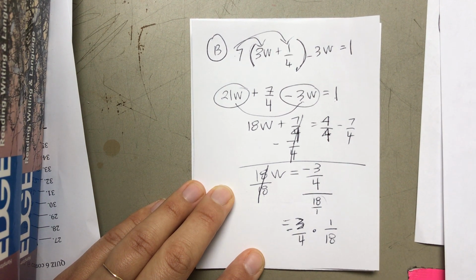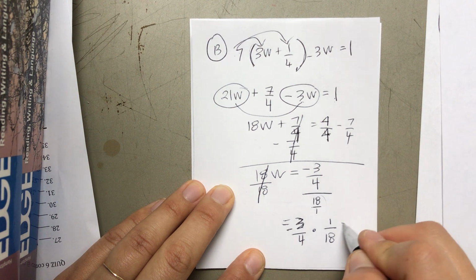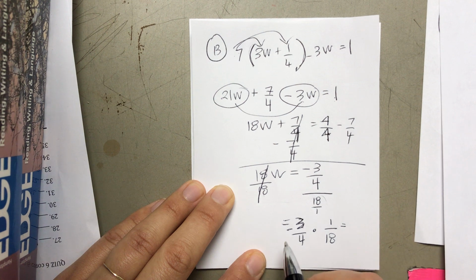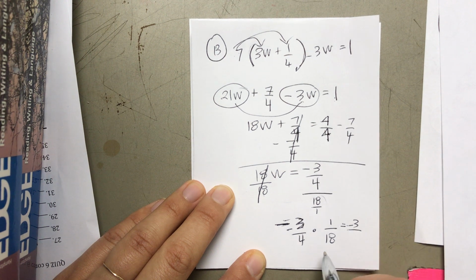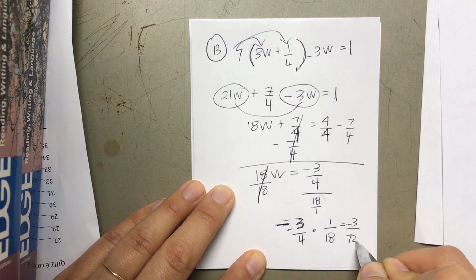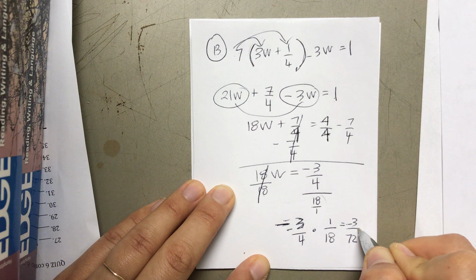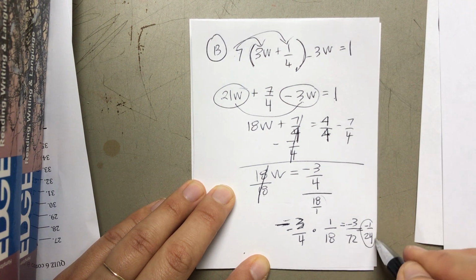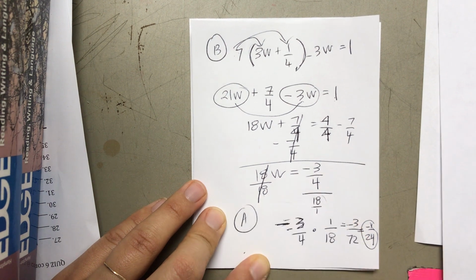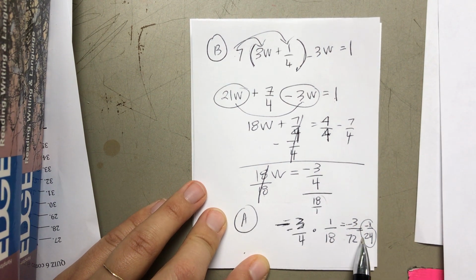So you're going to end up getting negative 3 over 18 times 4, which is 72. Once you take a 3 out of both, it'll be negative 1 over 24, which is your answer, A, because you could further reduce that.